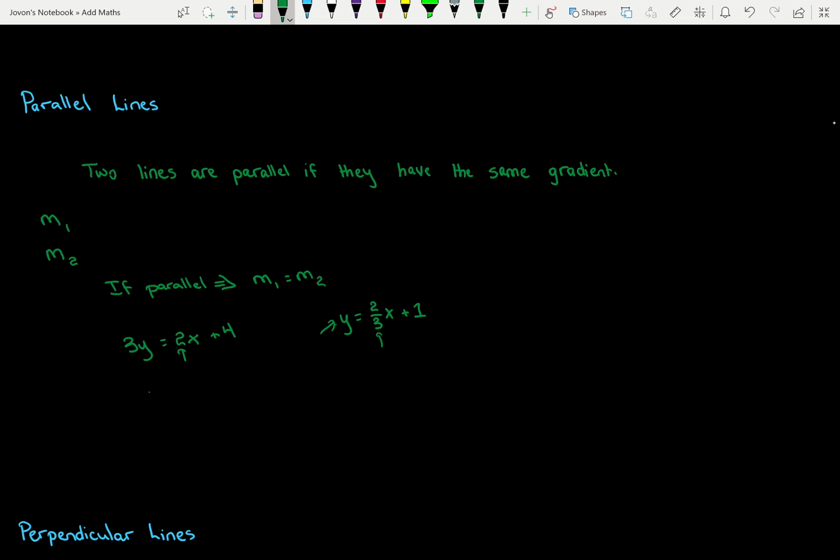Let's make y the subject for this one. We basically divide throughout by 3. So we get y is equal to 2/3 x plus 4 over 3. And what we could see is that since m1 is equal to m2, these lines are parallel.